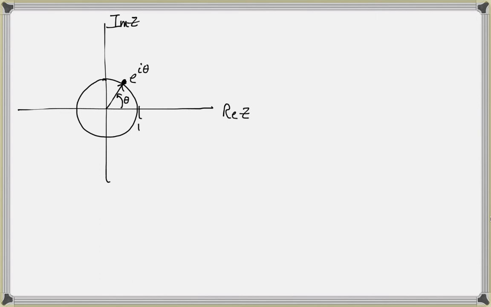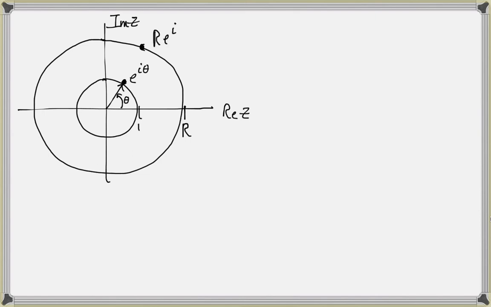Now let's look at expanding this circle to any radius, capital R. We see that any point in this circle can be represented by the expression R e to the i theta, where the radius is capital R. So this large circle has equation absolute value of z equals R.